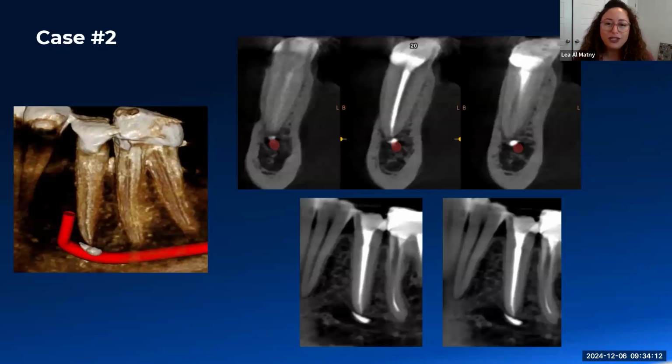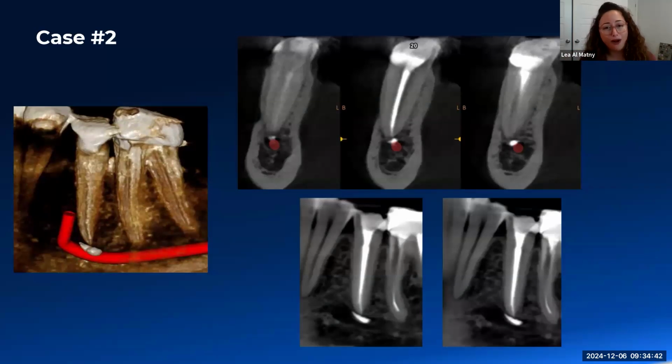The point of me sharing this case and the case right after it is really to focus on the variations of normal that can impact your treatment plan. These are things we usually do not think about unless we're placing an implant or extracting a third molar. We don't think about the location of the mandibular canal or the mental foramen with respect to the mandibular molars unless you're placing an implant.